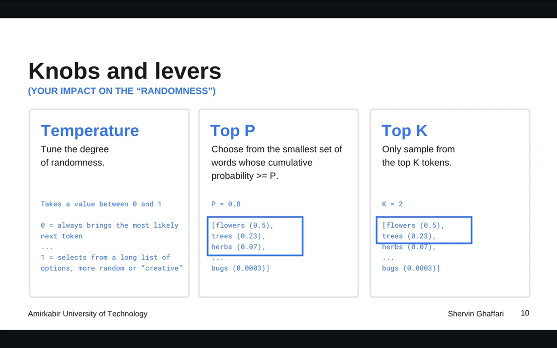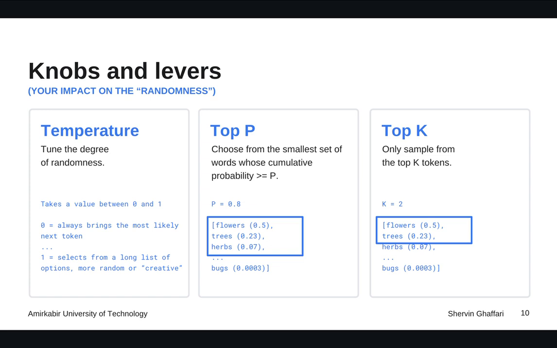So if temperature goes up, this ratio goes down. After applying the softmax activation function, the probability for all candidate tokens as the next token seems to be closer to each other.